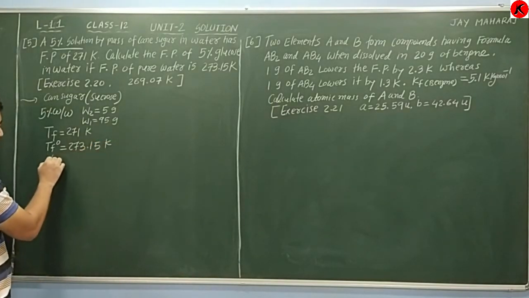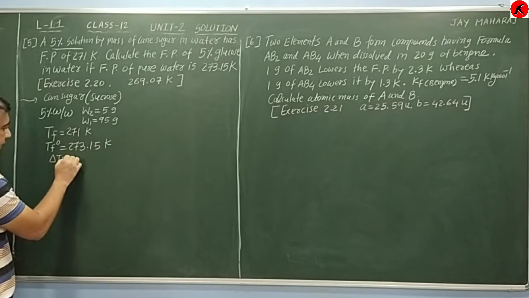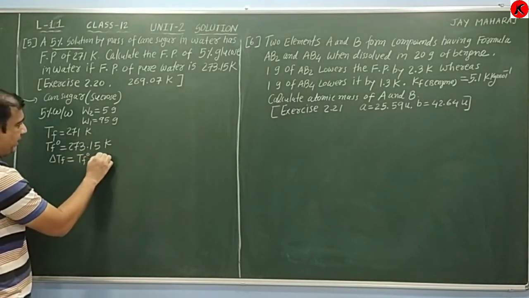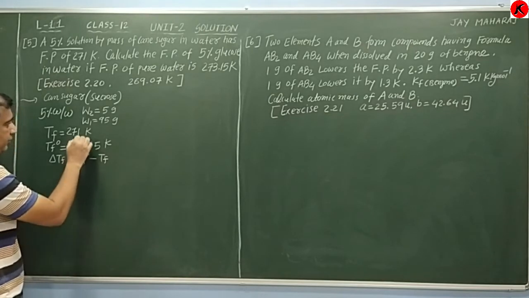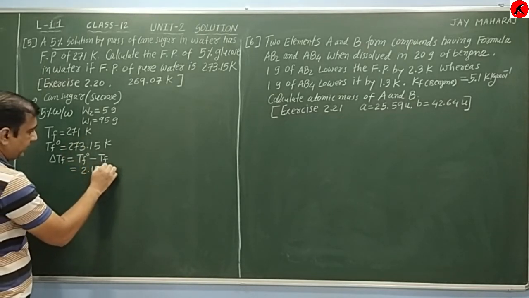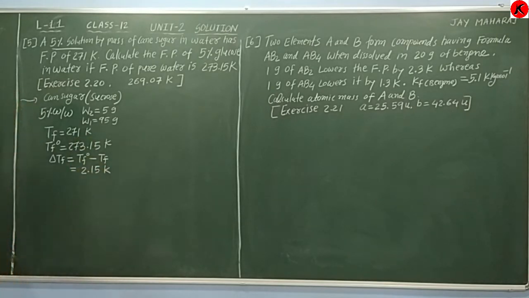So from that we can calculate the delta Tf. So delta Tf equal to Tf0 minus Tf. So we will get 2.15 Kelvin. The value of delta Tf is 2.15 Kelvin.